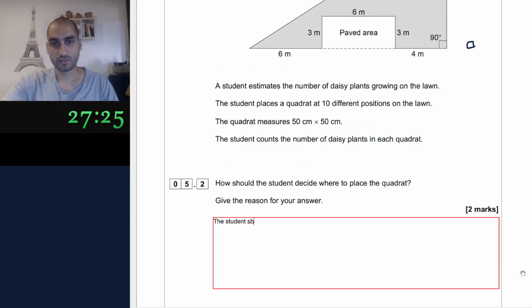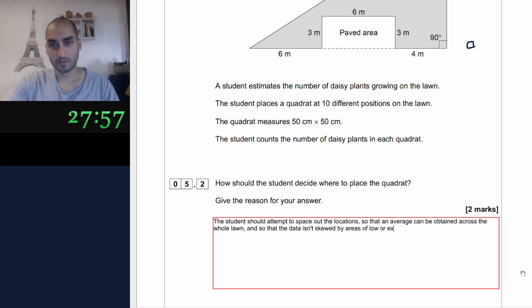The student should attempt to space out the locations so that an average can be obtained across the whole lawn and so that the data isn't skewed by areas of low or excessive daisy growth.